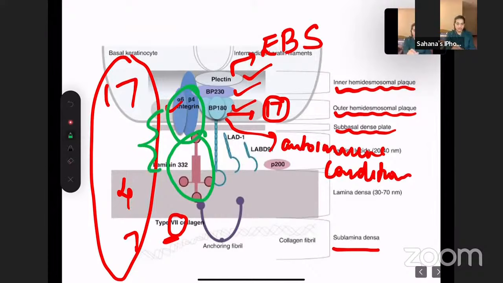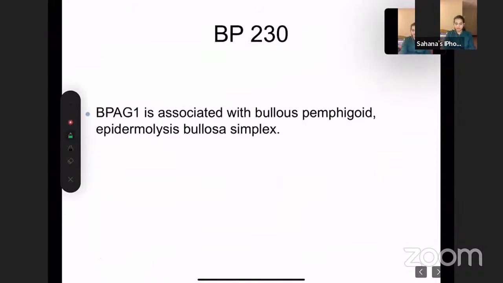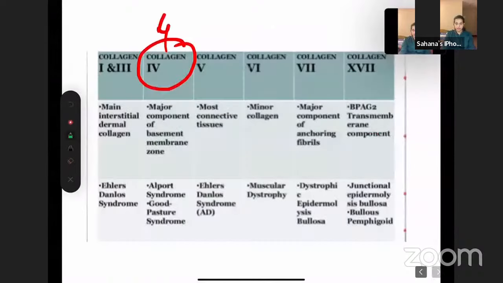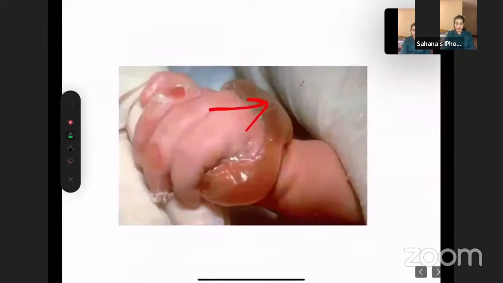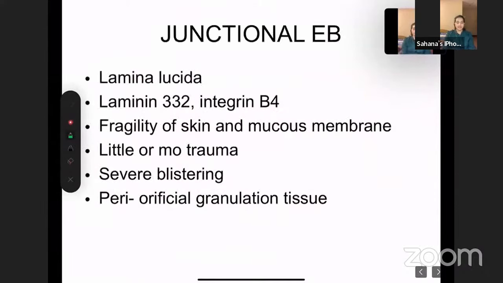So these are the two structures which are mainly affected in junctional EB: alpha 6 beta 4 integrin and laminin 332. Okay. Let's go back to junctional EB. So laminin 332 and alpha 6 beta 4 integrin, particularly in that the beta 4 integrin is more involved than the alpha 6 part.